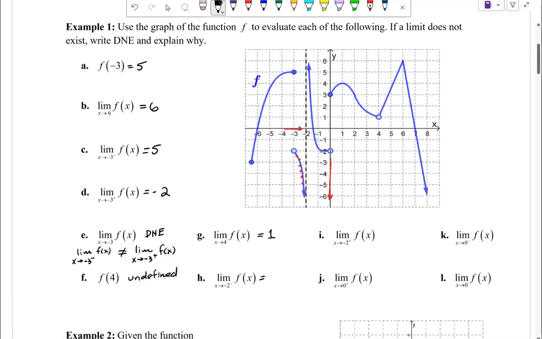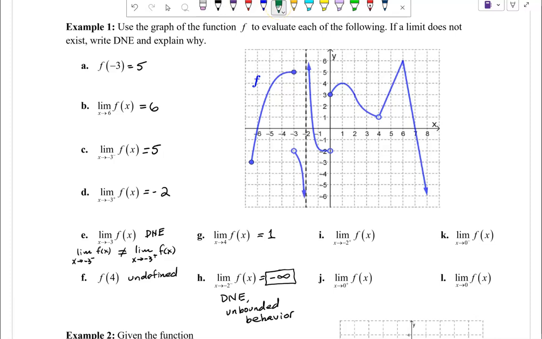We can say the limit is equal to -infinity, but -infinity is not a real number. So really, this limit does not exist due to unbounded behavior. Either answer here is acceptable. By writing negative infinity, we're describing the behavior of the function as x approaches -2 from below.